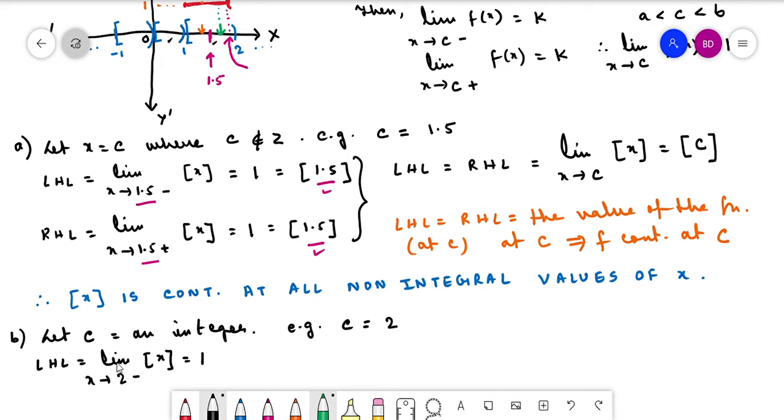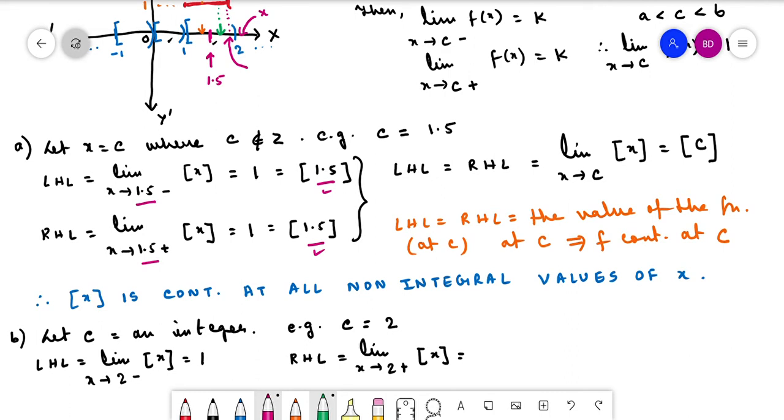Now let us see what is happening in the case of the right hand limit. The right hand limit will be the limit of box x as x tends to 2 from the right. This time, where is my x? This time my x is somewhere here, to the right of 2 but very close to 2.